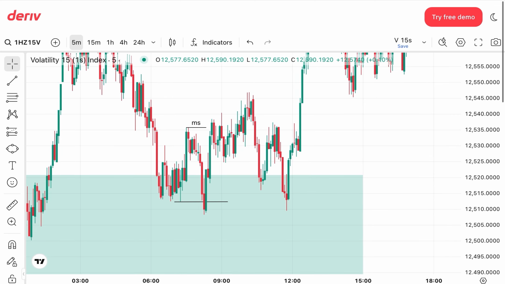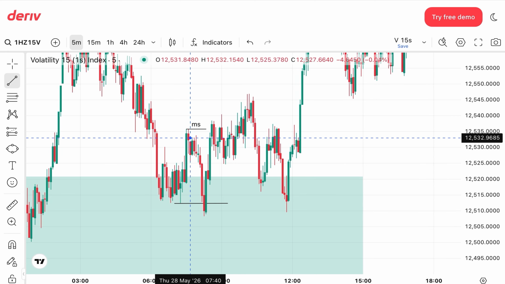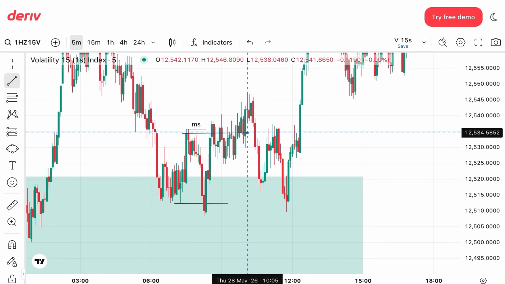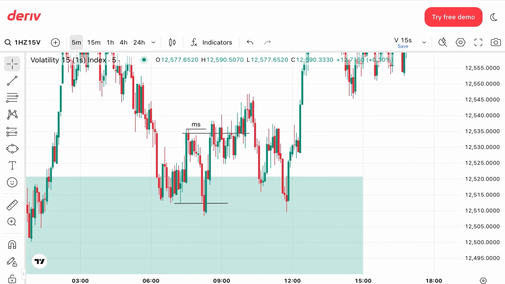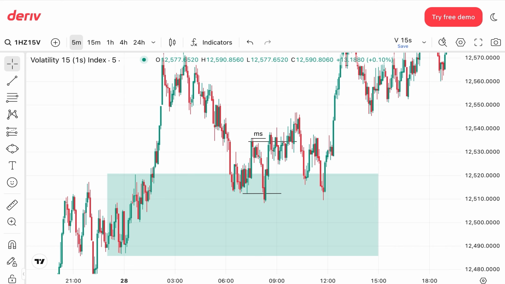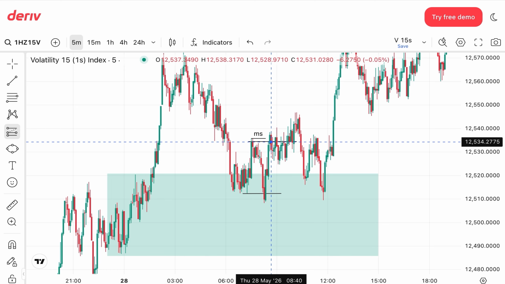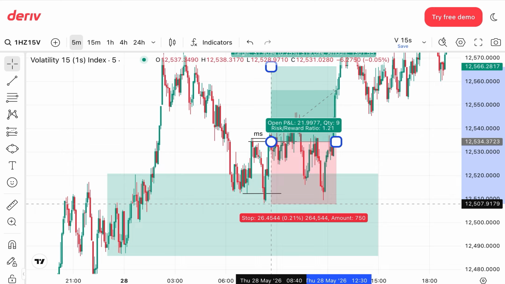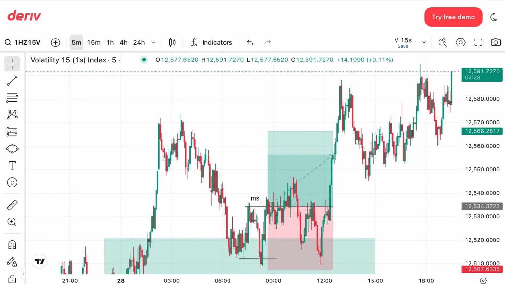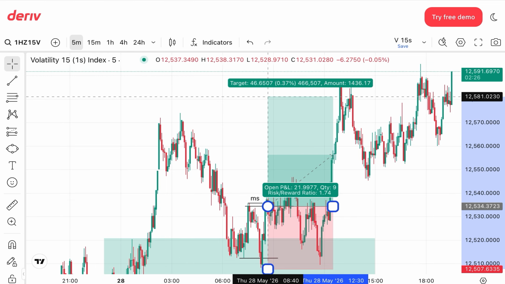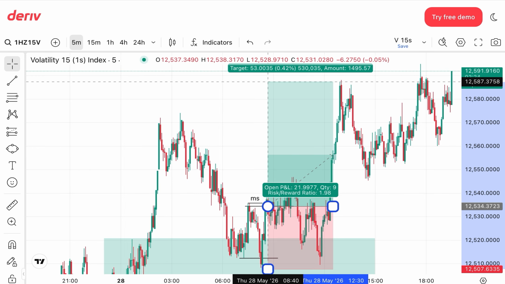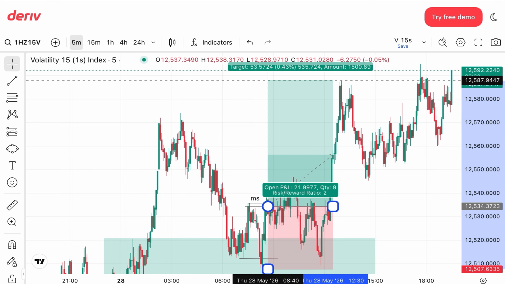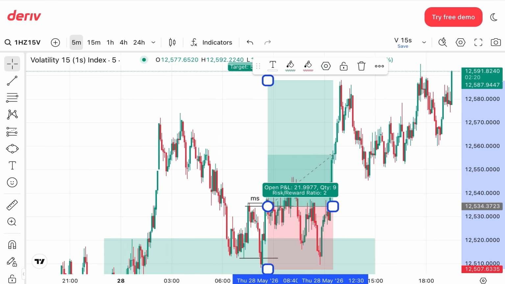So I placed my buy limit at this level, at that level right over there, and targeted a 1:2, stop loss below the low, and as always I target the high. Nothing less, nothing more, a 1:2.